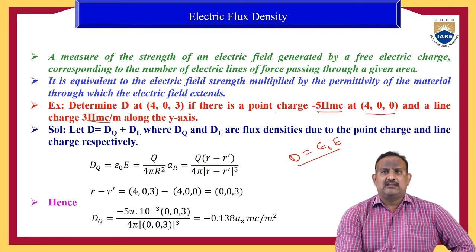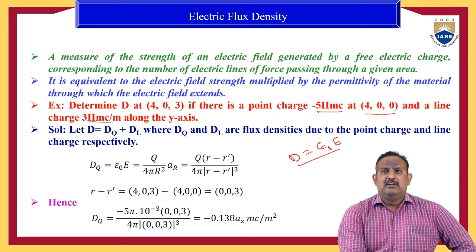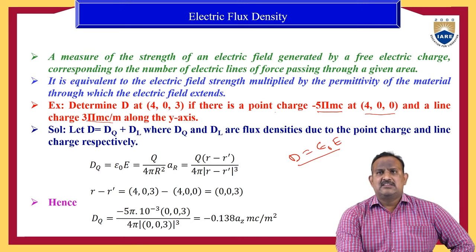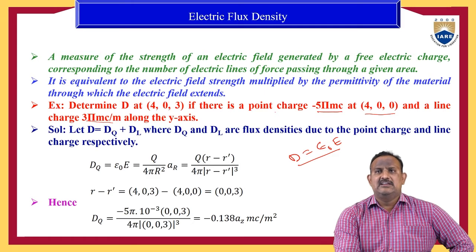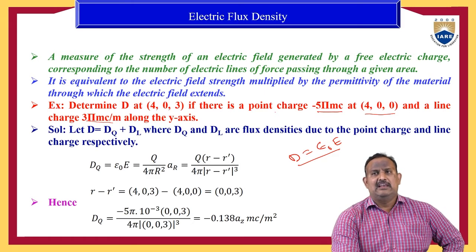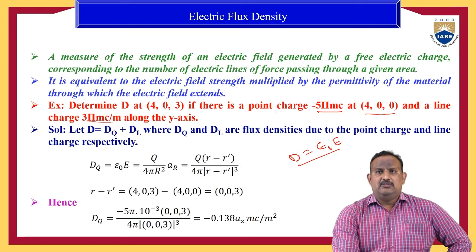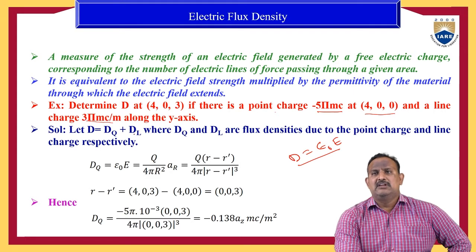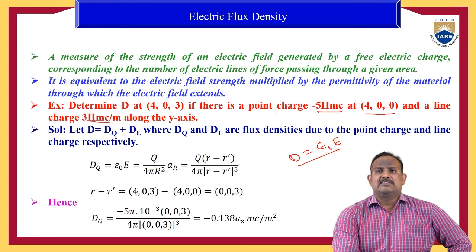The total electric flux density D is equal to Dq plus Dl, where Dq is due to the point charge and Dl is due to the line charge. We will find each separately and add them to get the total.